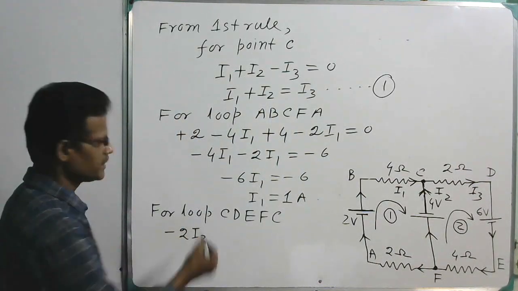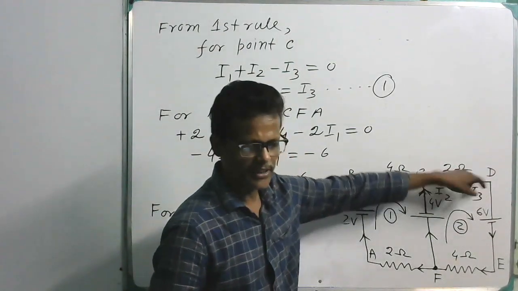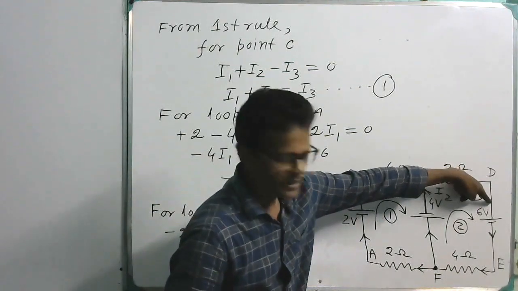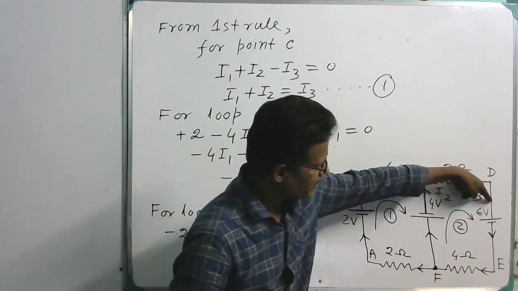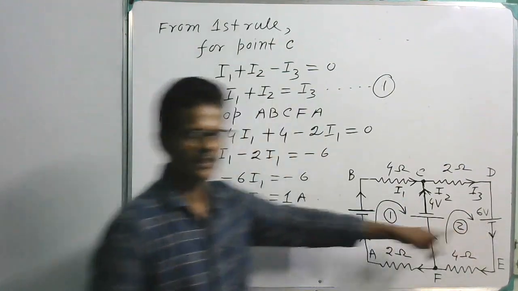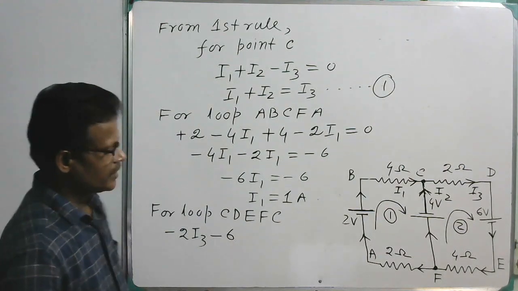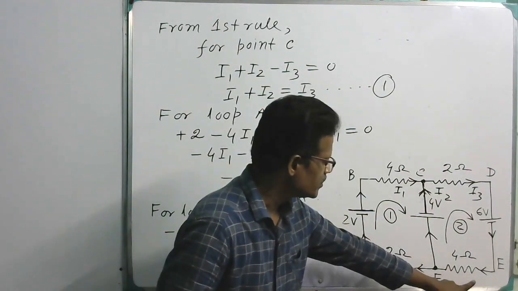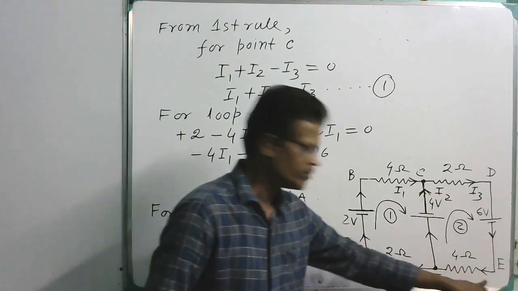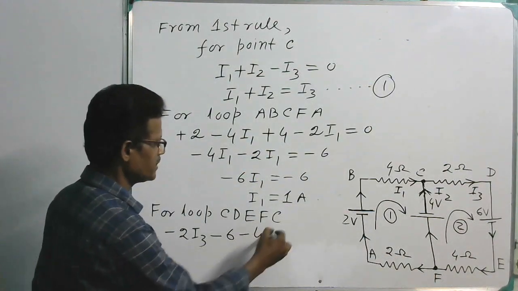There is a cell of 6 volt. This is higher to lower movement, that is -6. Here it is 4. You are proceeding in the direction of current, so that is -4I3.